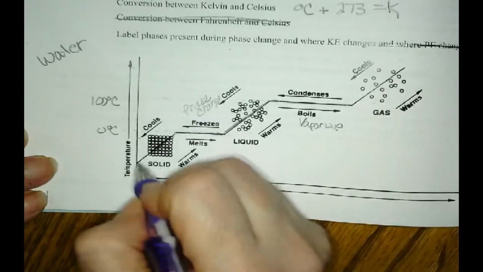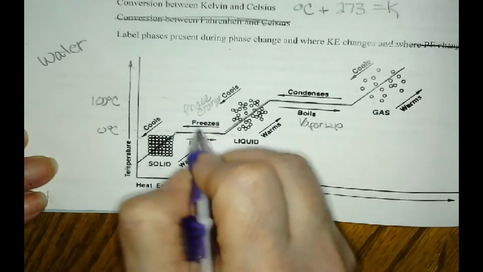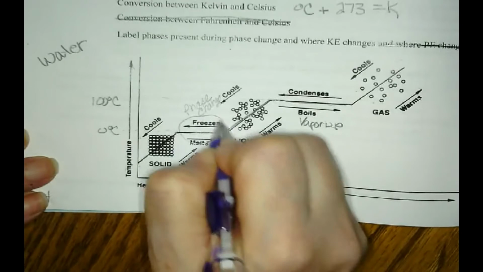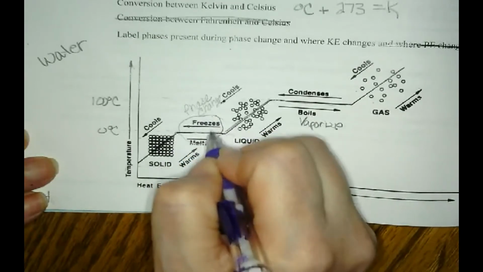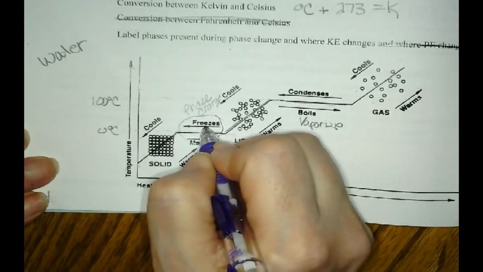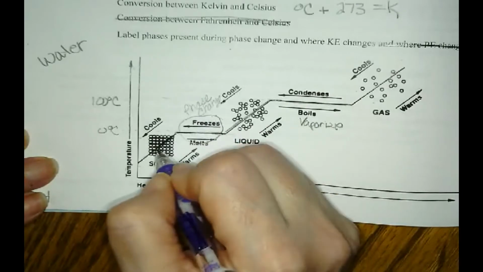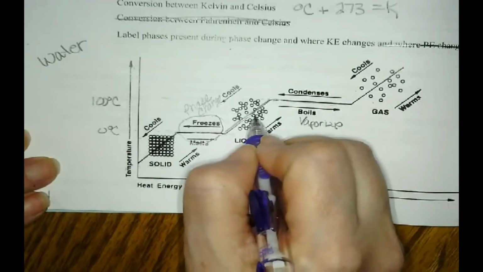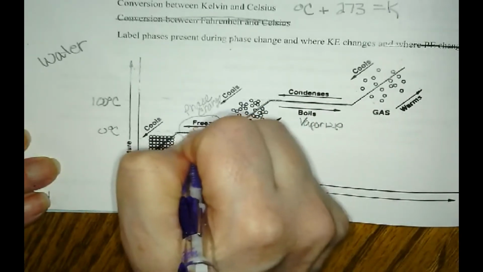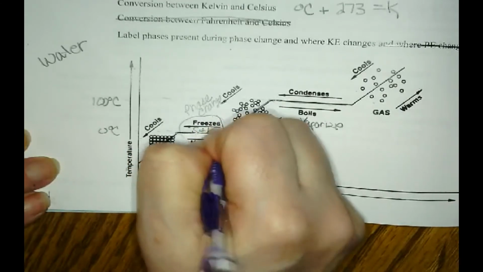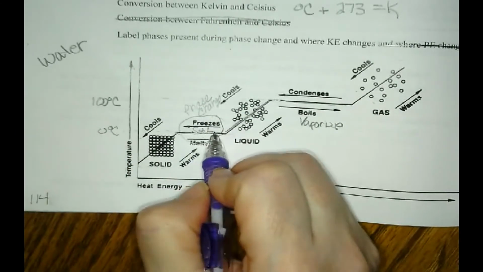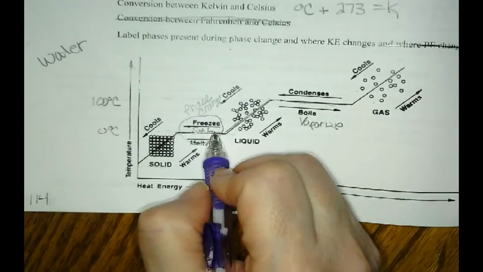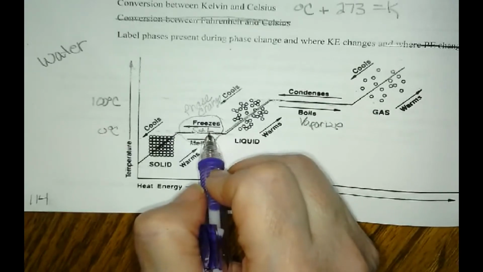Okay, so here I'm in the solid phase. Well, what about here? What phases are happening when it melts and freezes? Well, it's not completely a solid and it's not yet totally a liquid, so it's a solid and a liquid. It contains both phases. Think about this. If I put an ice cube on top of your desk, it's melting.